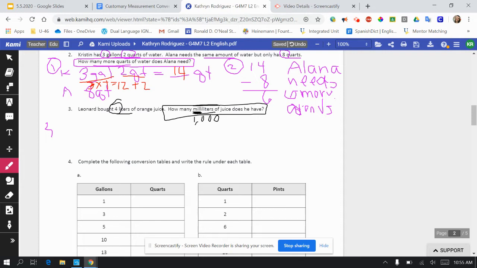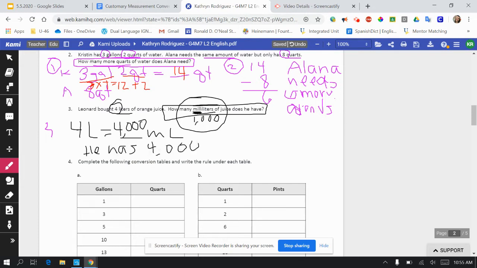So Leonard bought 4 liters of orange juice, and how many milliliters of juice does he have? Well, 4 liters will equal how many milliliters? We know that milli means 1,000, and so therefore each of those liters has 1,000. So he has 4,000 milliliters of juice.